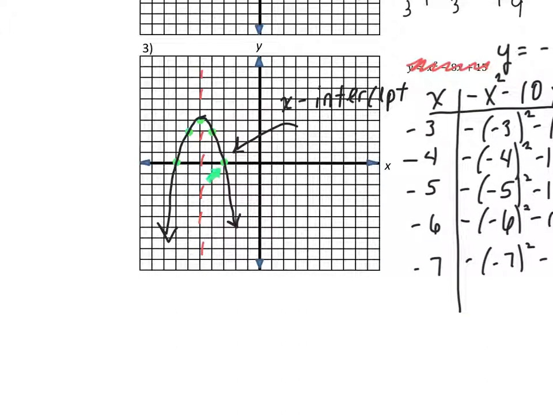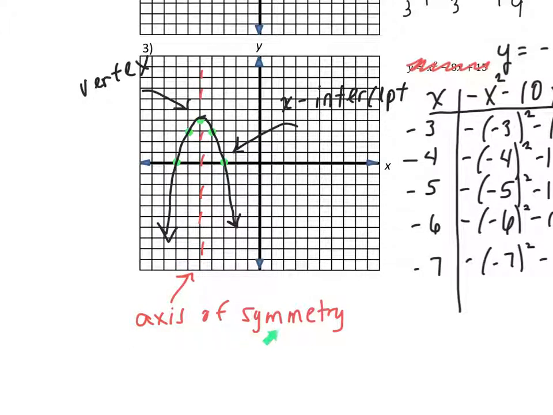So this x-intercept was negative 3, 0, and the other one was negative 7, 0. This high point on a parabola, or it could be the low point, for example number 2, is called your vertex. So here we have vertex, and again, this is your axis of symmetry.